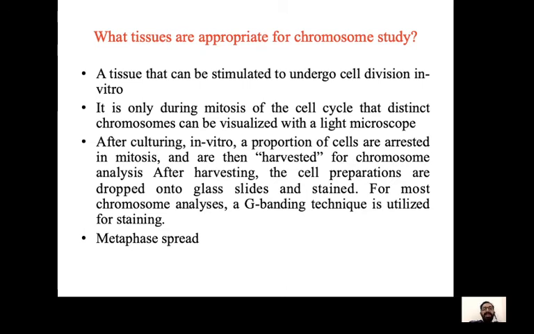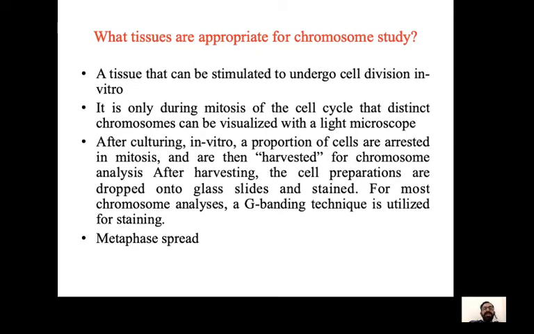So, after culturing in vitro, a proportion of cells are arrested in mitosis, in the mitotic phase, and then they are harvested and separated for chromosome analysis. After harvesting the cells, preparations are dropped onto glass slides and stained.